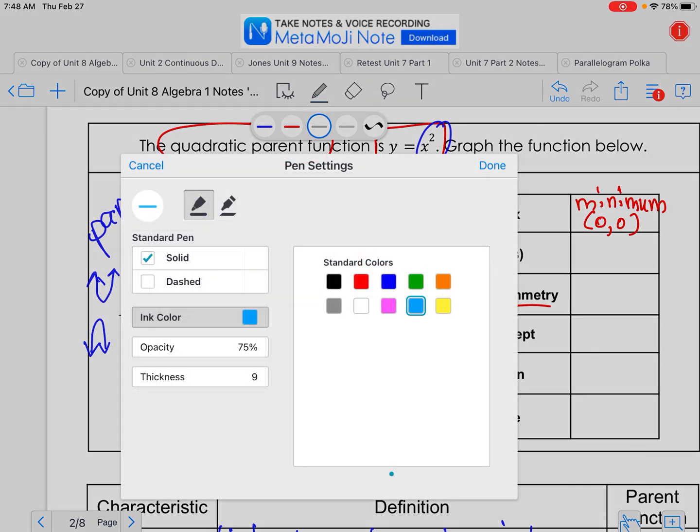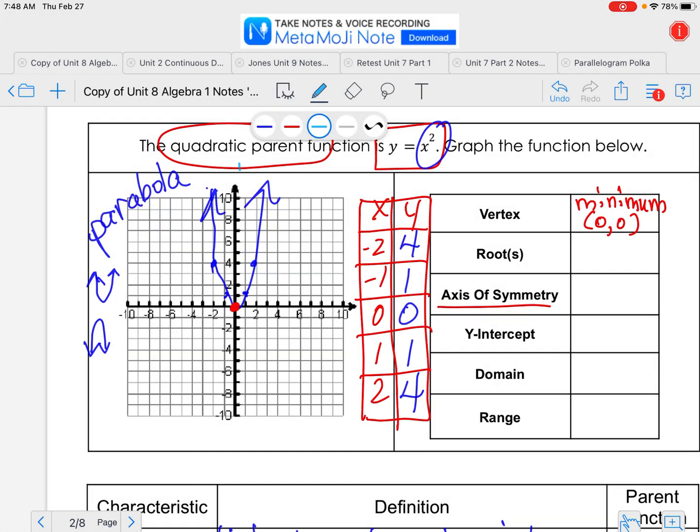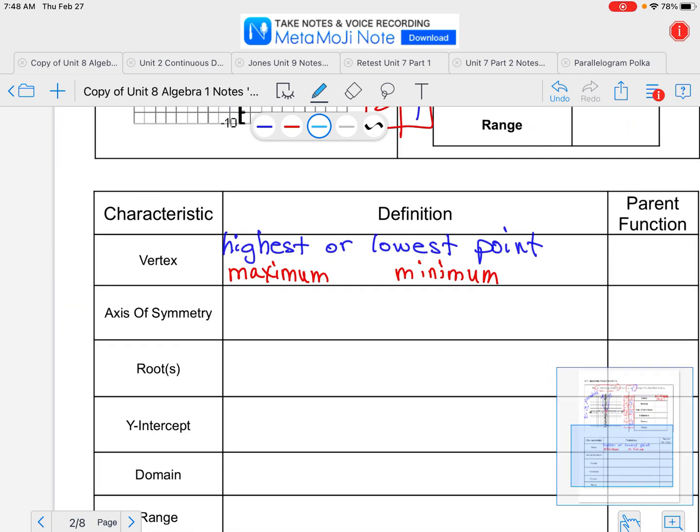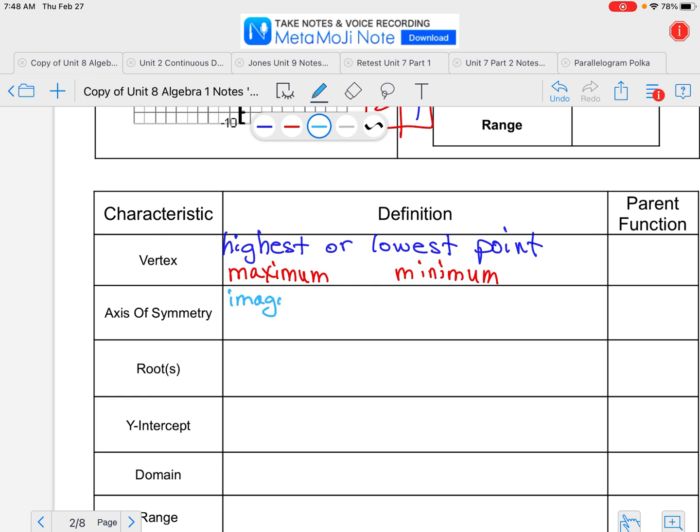That's this invisible, imaginary, vertical line that cuts your parabola into two symmetrical halves, two equal pieces.